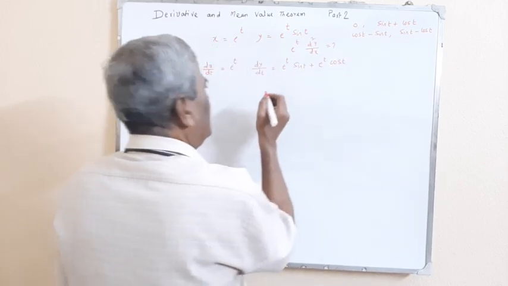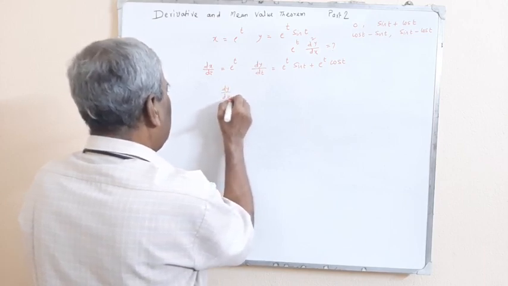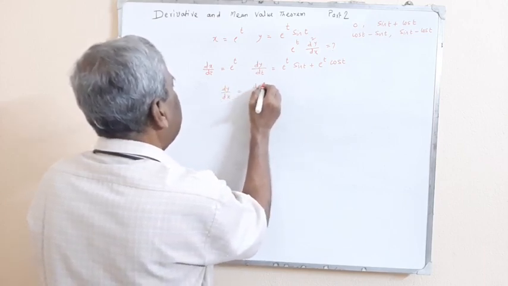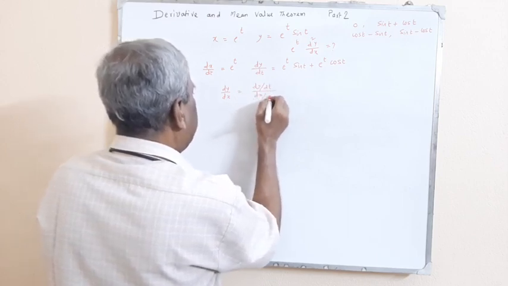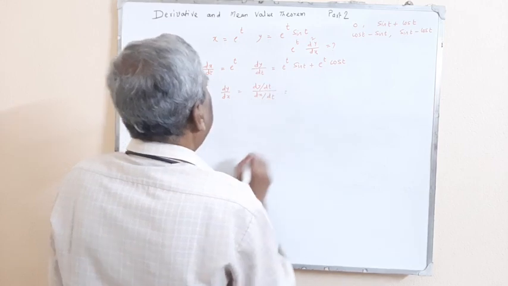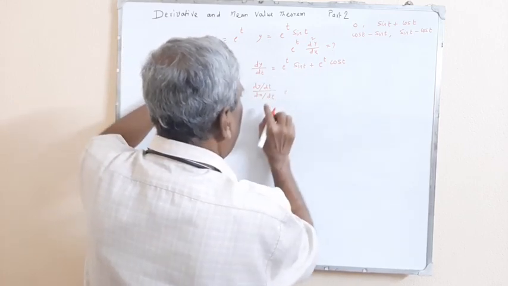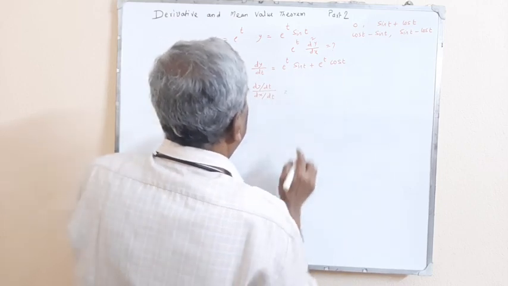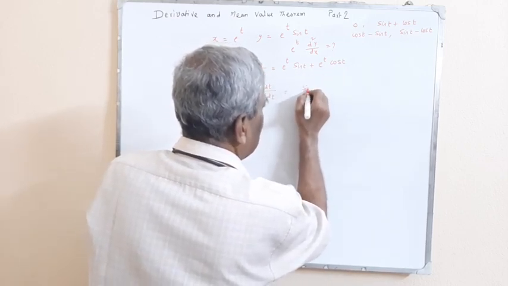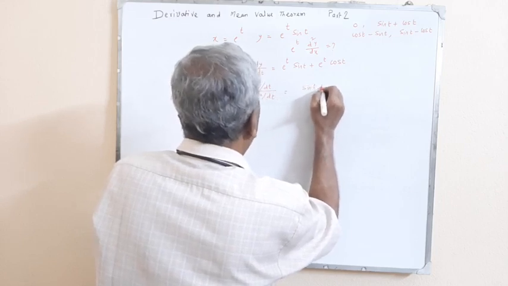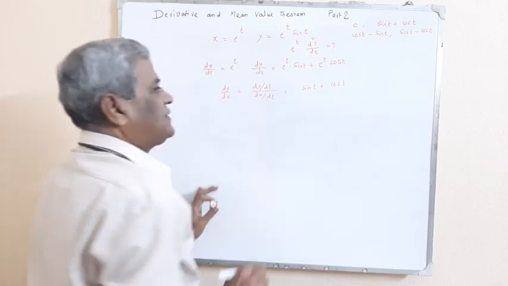So that we get dy dx is equal to dy dt by dx dt. dy dt is that and dx dt is that. So this divided by e to the power t. e to the power t can be cancelled, so it is simply sin t plus cos t. It is dy dx.